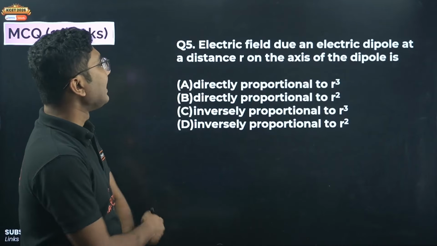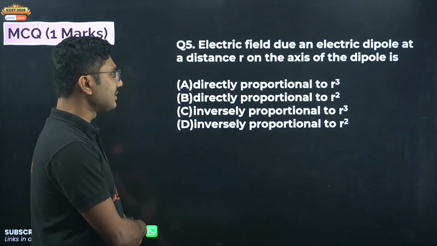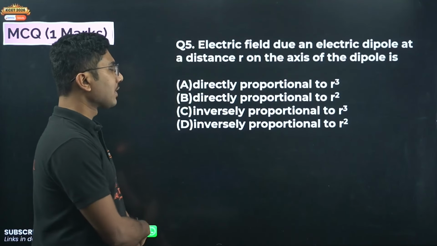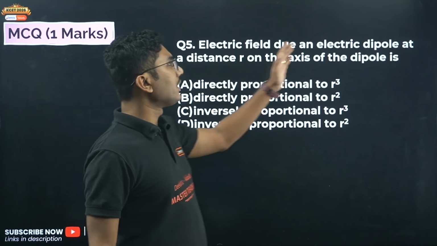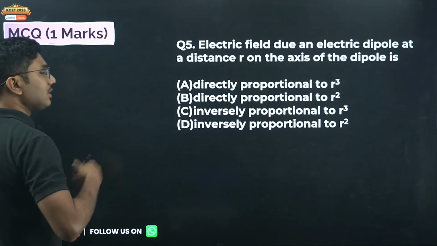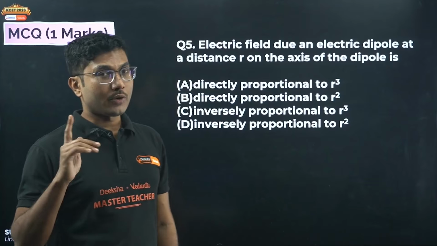Now next, electric field due to an electric dipole at a distance r on the axis of the dipole is. The electric field due to an electric dipole on the axis of the dipole is inversely proportional to 1 upon r cube, not 1 upon r square.